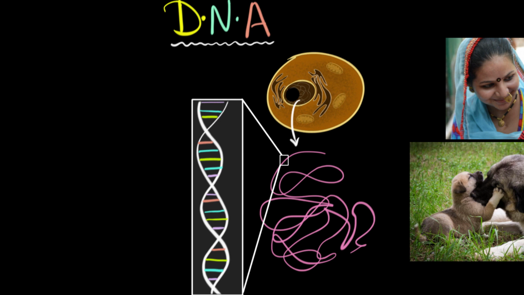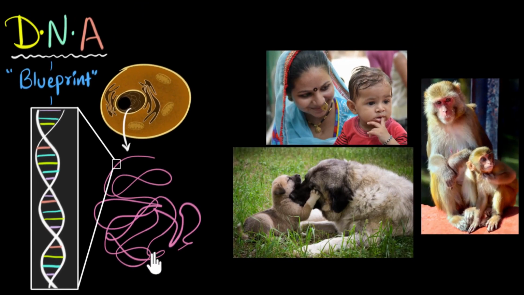And guess what? It's the DNA which contains the blueprint to build the entire body, which means all the instructions necessary to build a specific body are found in the DNA itself. So if you look at a human cell, it'll contain the human DNA. It'll have the information of how to build a human body.